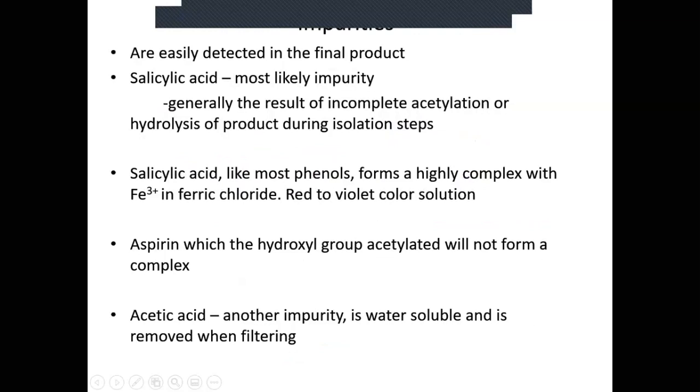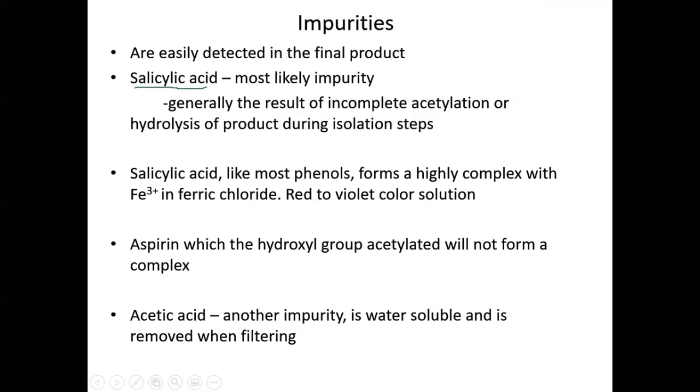So something about the impurities for this type of reaction. The main impurities are easy to detect. One of the common impurities is, of course, salicylic acid. Maybe your reaction didn't go to 100%. The way we test for salicylic acid is what's called a ferric chloride test.